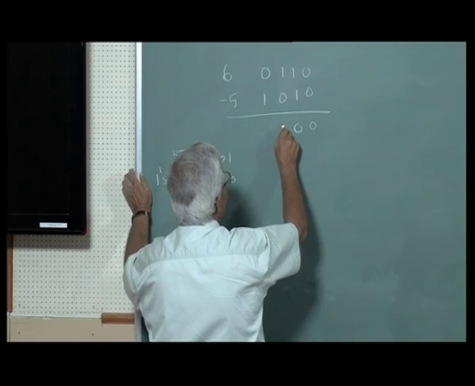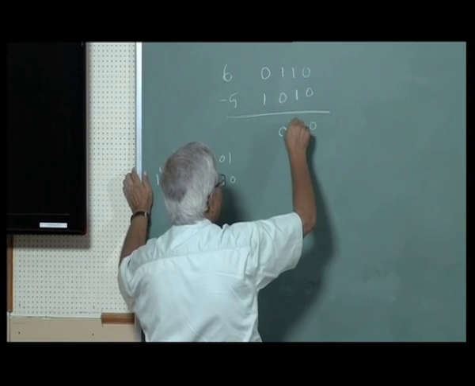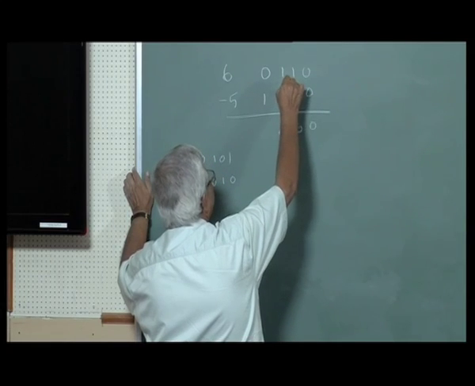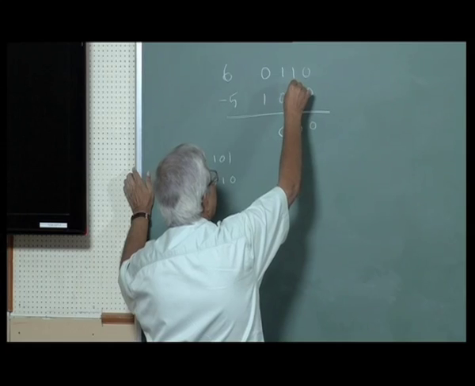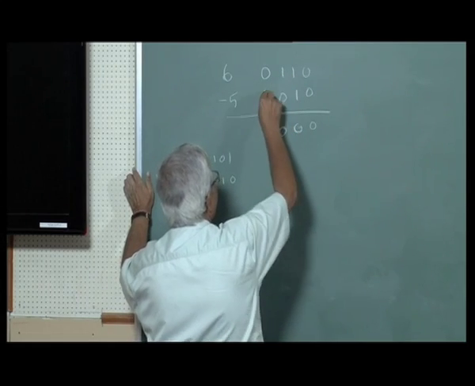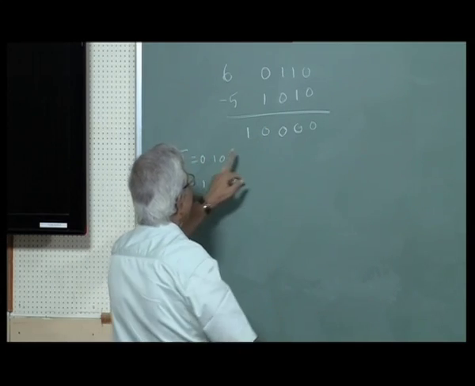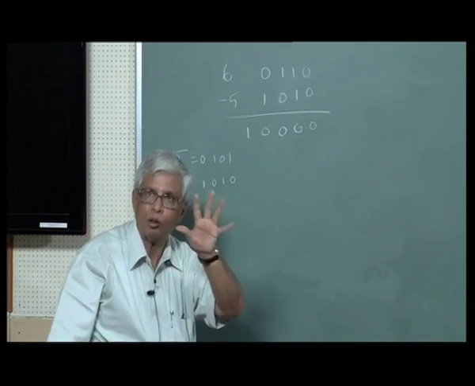I'm adding this. 1 plus 1 is 0, and there is an overflow carry of 1. 1 plus 1 is 0. So 1 and 1, 0. And this 1. This is called end around carry.